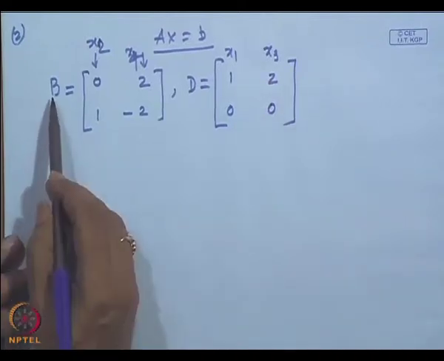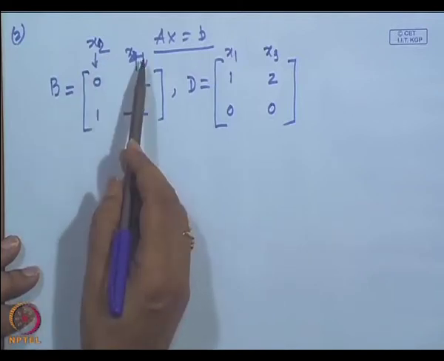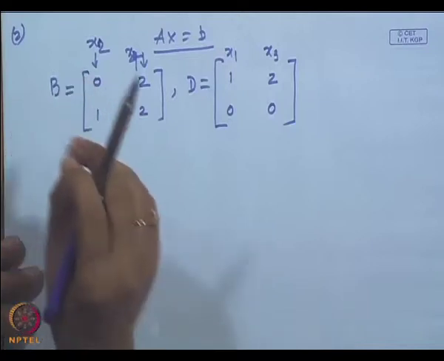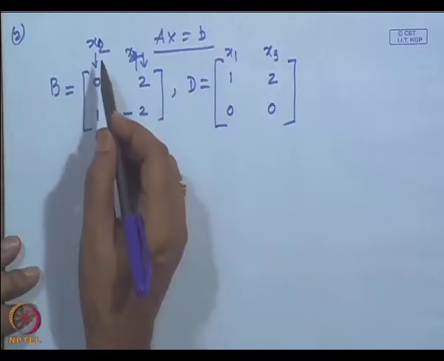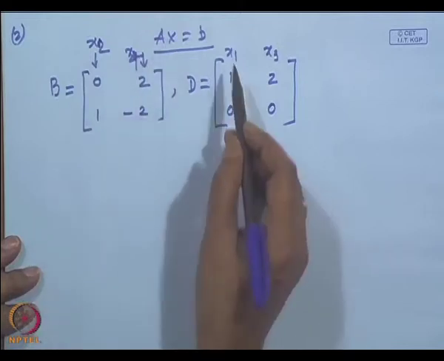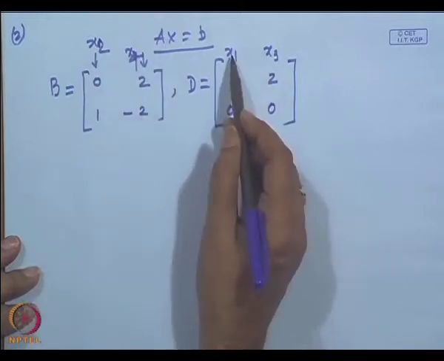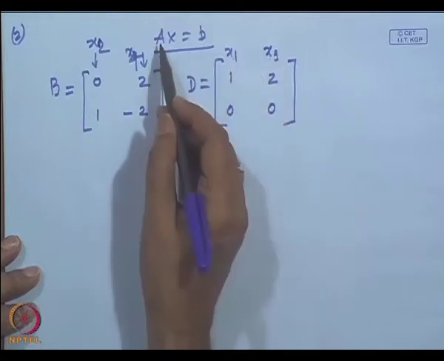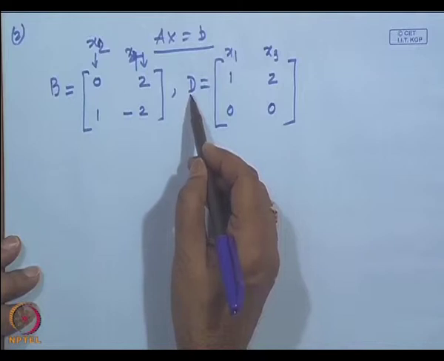So, once again I repeat, since x 2, x 4 are the basic variables, from the A matrix I am picking up the columns associated with the basic variables, that means x 2 and x 4. Similarly, for the non basic variables x 1 and x 3 from the matrix A, I picked up the D matrix.